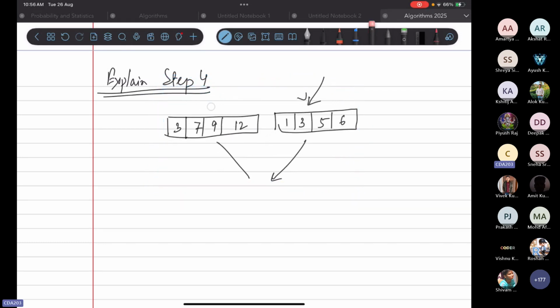Let's move this. Okay, these are the sorted arrays that we have. After step 3, this is the situation that we have. What are the names that I have given to it? This is the C array, this is the D array.